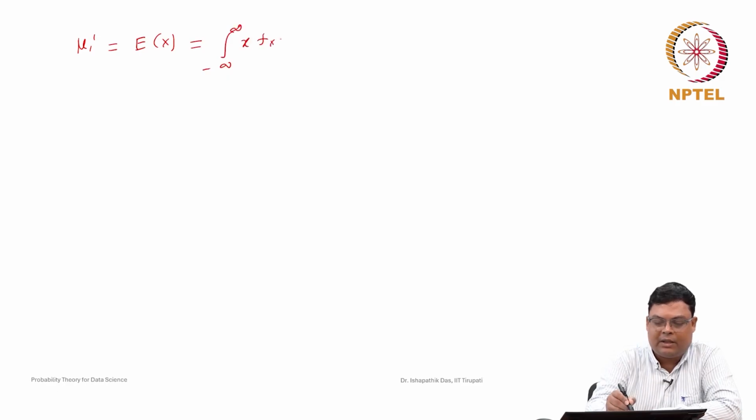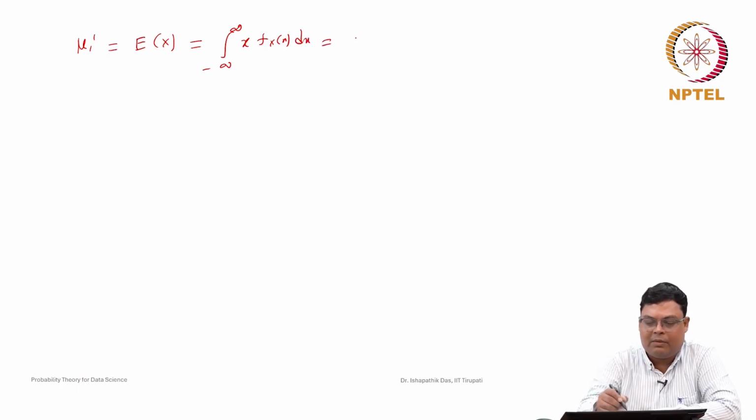Now, we will discuss some of the important characteristics. One of the important characteristics is the moments. First, we will compute the first order moment. So, what is mu 1 dash? Mu 1 dash is nothing but the expected value of x. The expected value of x is defined by the integral from minus infinity to plus infinity of x f_X(x) dx.